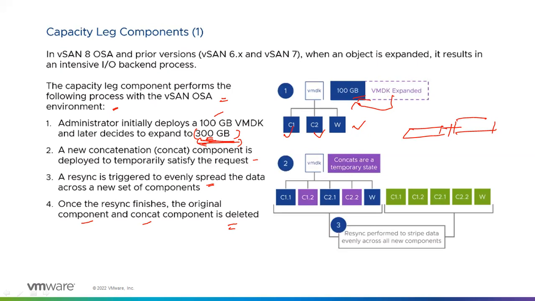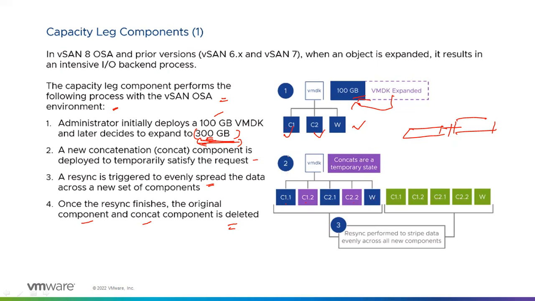Then the concat components are in a temporary state. Temporary state means just an additional state, and later on it will get merged, like C1.1, C1.2, C2.1, C2.2, each component's delta. Then it will get merged into the parent.